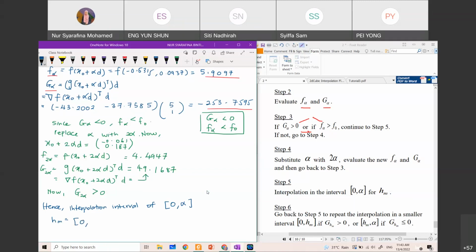What is your alpha? 2 alpha. 2 times alpha, which is equal to... Is that clear?